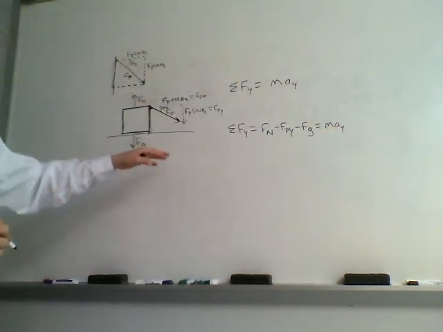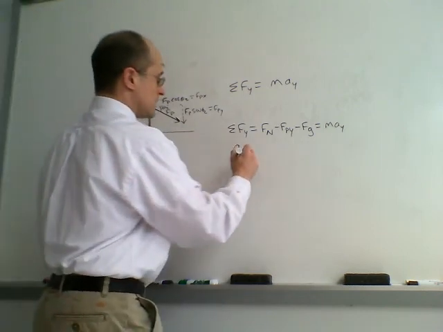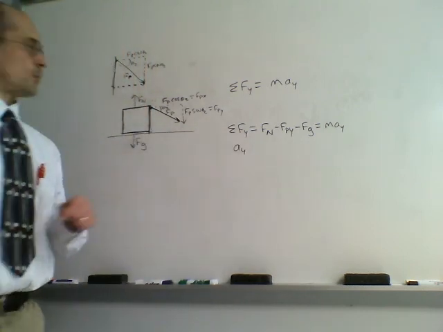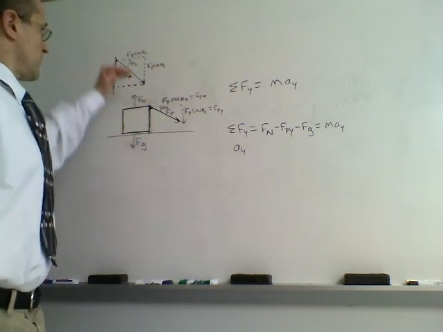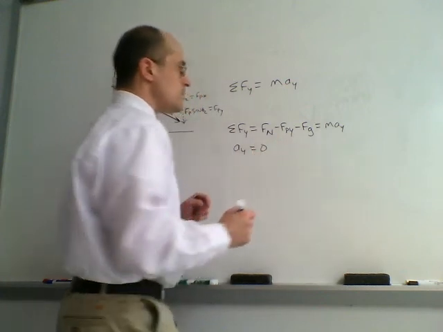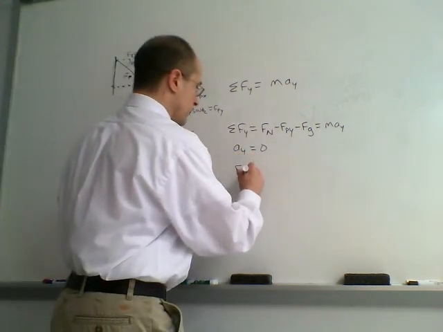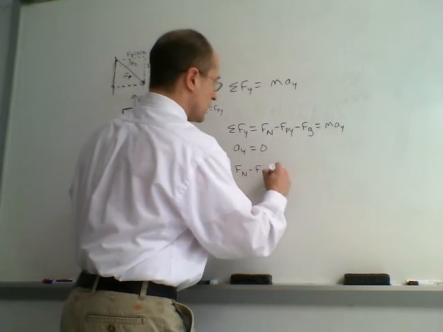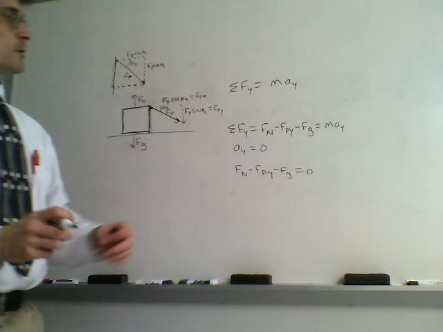Just as it's been so many times before, our box is not going into the ground, or maybe a little if we pull hard like that. But our box isn't moving up or down, so we're going to call it equilibrium. a_y is going to be 0, so the sum of the forces is 0.